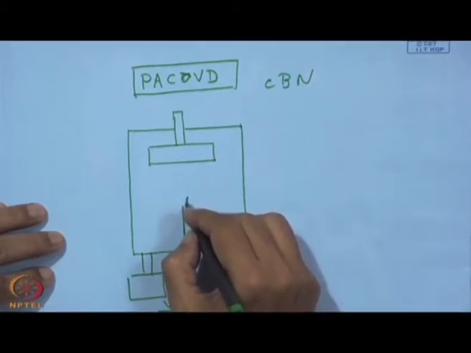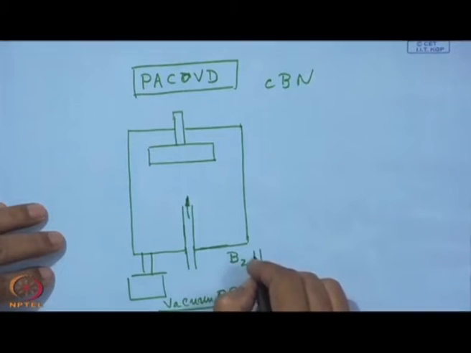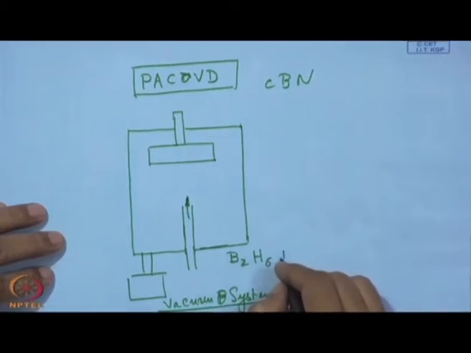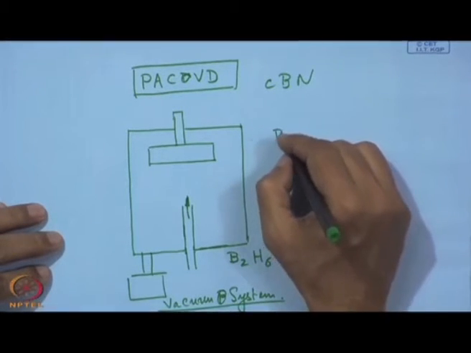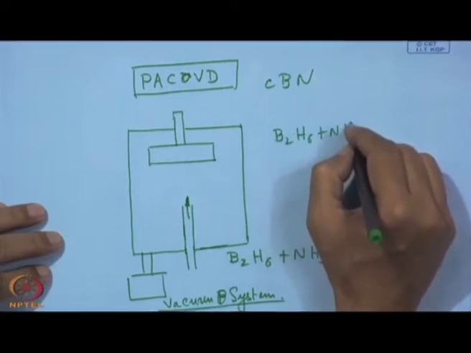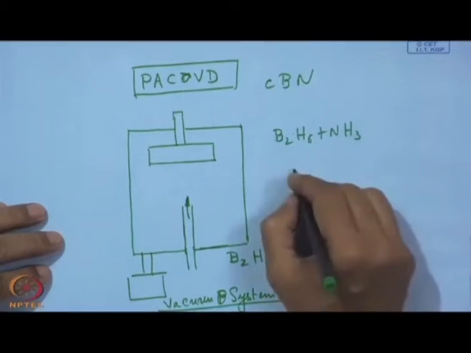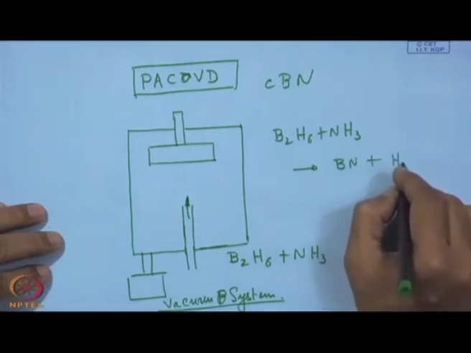Here what is admitted is a mixture of diborane and ammonia, because in this case it is much more reactive compared to nitrogen, and you can have hydrogen as the carrier gas. With this we expect BN to form and then H2.